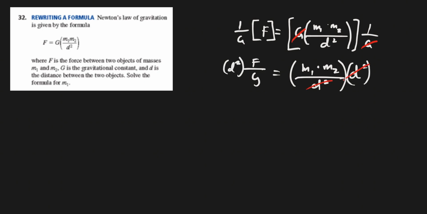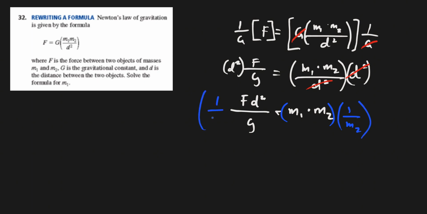This will cancel with this, and we will just have F d squared over G is m1 times m2. We can just multiply both sides of this equation by 1 over m2 because we want m1, so we can get rid of m2 and push it over to the other side. The m2s will cancel, rather.